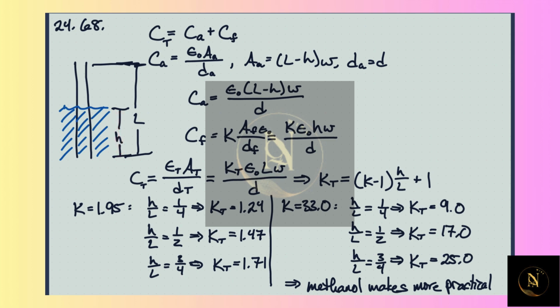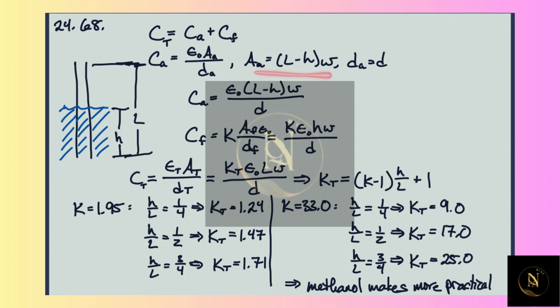Again, we can look at this as two parallel plate capacitors in parallel, just like we did in a previous problem. If they're in parallel, then the capacitances add up. The capacitance of the air gap capacitor is the permittivity of free space times the area that has air between the plates, divided by the distance d between them, which is the same for both cases.